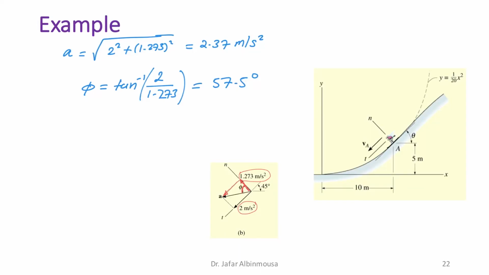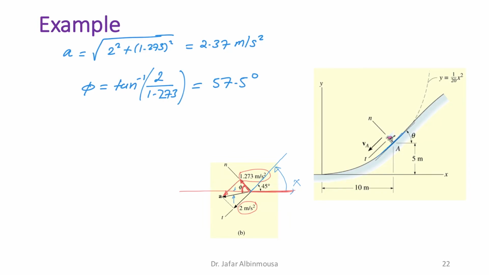Now, how do we measure the angle with respect to the x-axis? The x-axis is here. And if you remember, this is how we calculated the angle 45 between the x-axis and point A. So what we actually need to measure is this small angle.